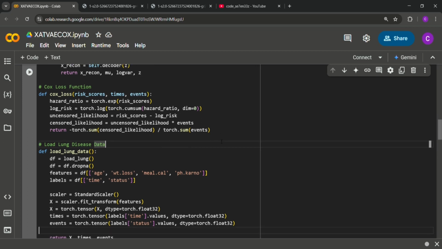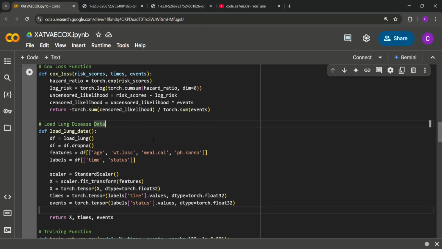Computes the cumulative sum of hazard ratios to evaluate the likelihood. Measures the probability of survival based on the ranking. Censored likelihood takes into account only the events where the patients actually died. Final loss, the negative sum of the censored likelihood normalized by the number of events.